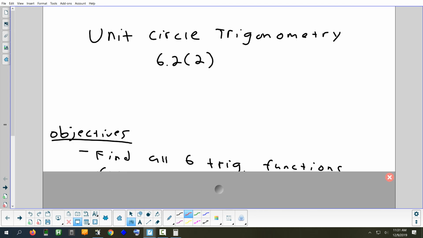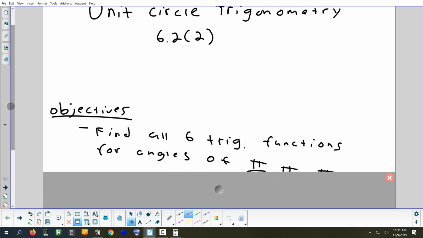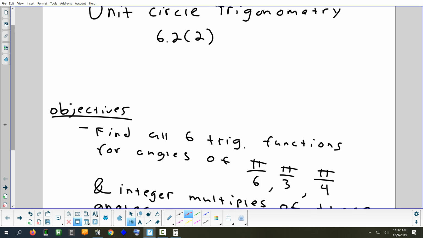All right, now in part 2, we're going to look at not only finding the coordinates for the quadrantal angles, but now we're going to look at finding the coordinates for the angles 30, 60, and 45.